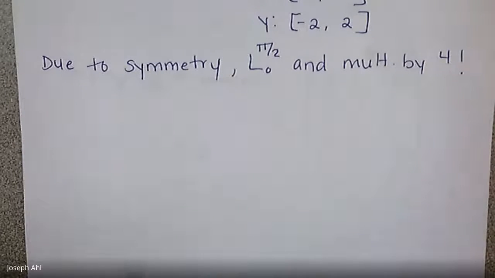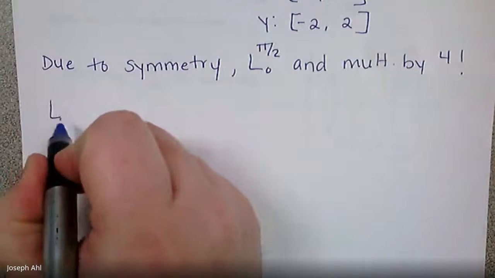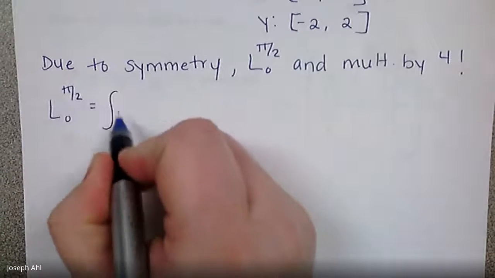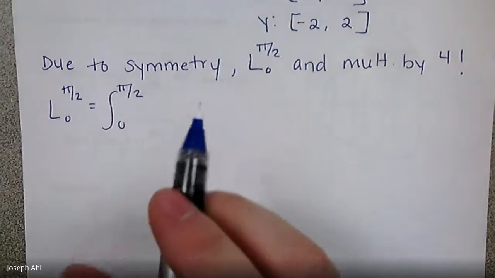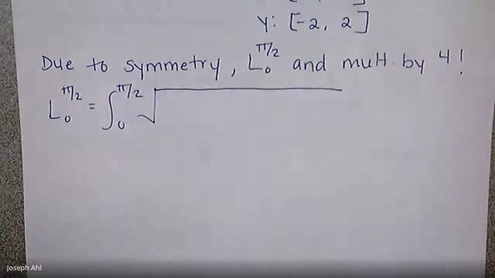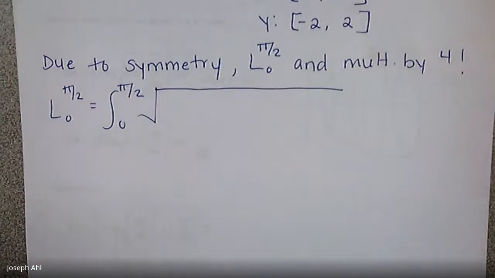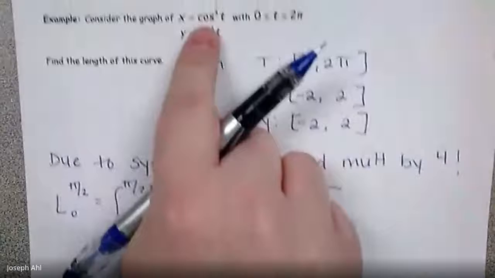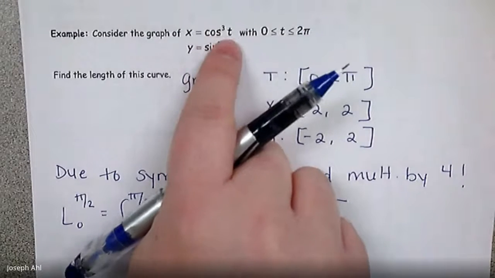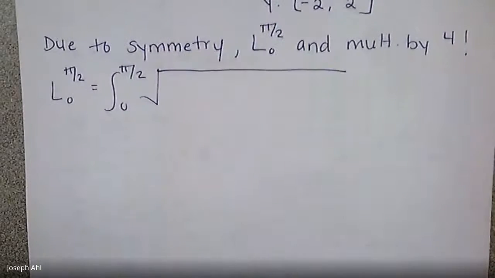All right, well, let's set this up. So those are my 2 times that we're integrating over from 0 to pi over 2. So that's going to be the definite integral from 0 to pi over 2 of the following. We have to take the square root of dx dt squared. Now, dx dt, that's going to be chain rule, right? 3 cos squared t, but times the derivative of cos.